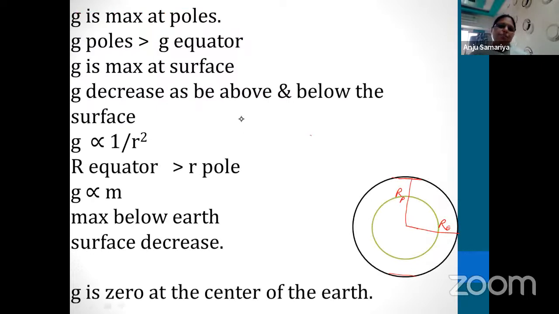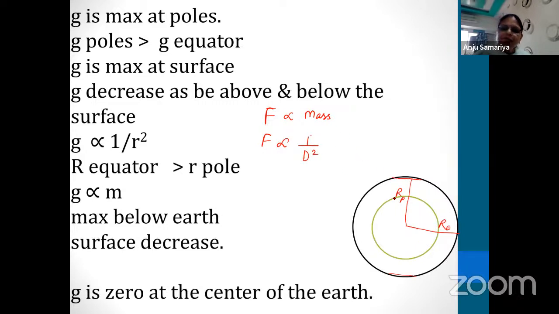This gravitational pull, the force due to gravity, F, is directly proportional to the mass, and it is inversely proportional to the square of the distance between the two bodies.